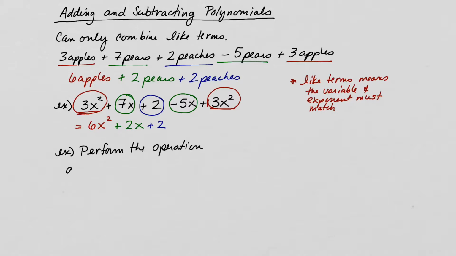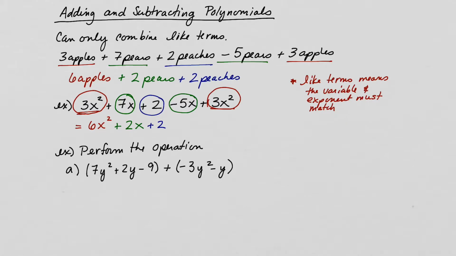A: sometimes you're going to see them written with parentheses around them. 7y squared plus 2y minus 9 plus a negative 3y squared minus y. Since there's a plus sign in between them, I don't need to do anything.